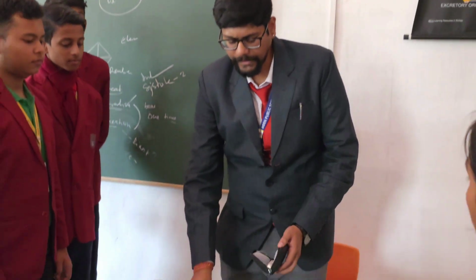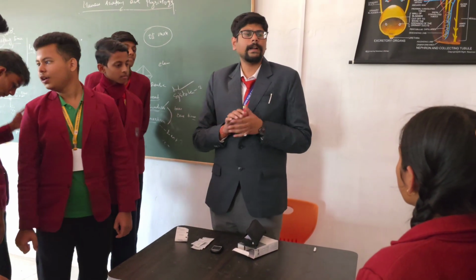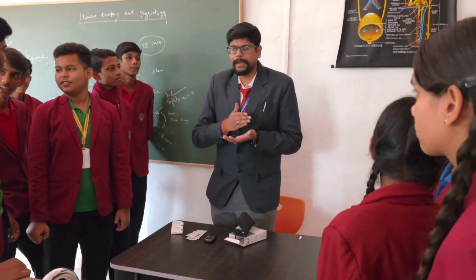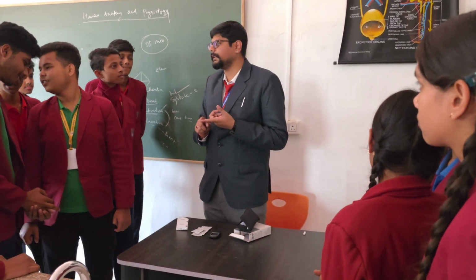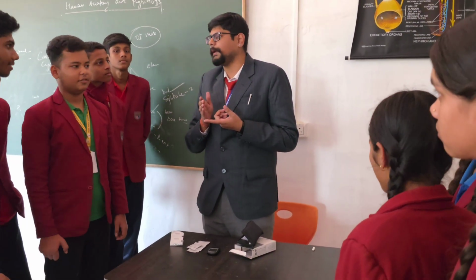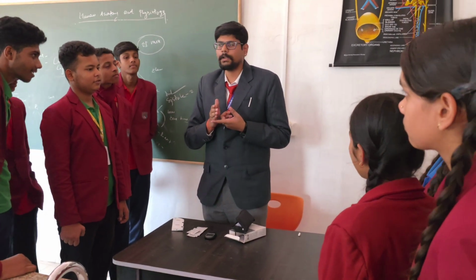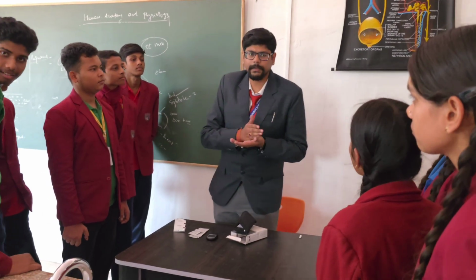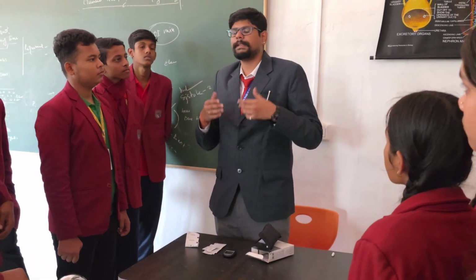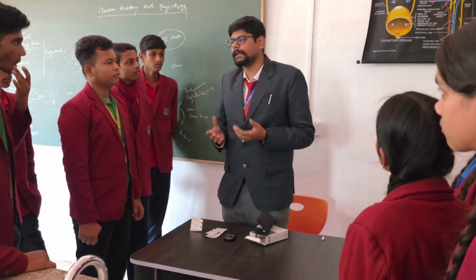Okay. So there are two types of blood sugar. One is fasting and one is PP. Fasting means when you wake up and get the blood sugar level checked. And the range is up to 120, okay? If it is less than 120, it is okay. And if it is more than 120, then he or she is a pre-diabetic or a diabetic person.